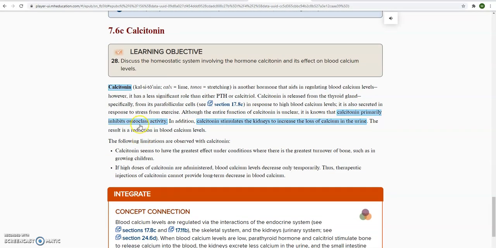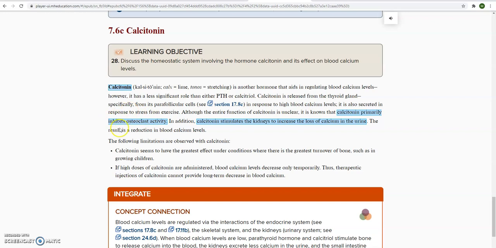So instead of promoting osteoclasts, causing them to break down the bone and release minerals, it's going to inhibit them. So inhibit just means to stop them or prevent them from breaking down bone. So what that would do is if the osteoclasts aren't breaking down as much bone, you'll get less calcium being released from the bone and less calcium into the blood.